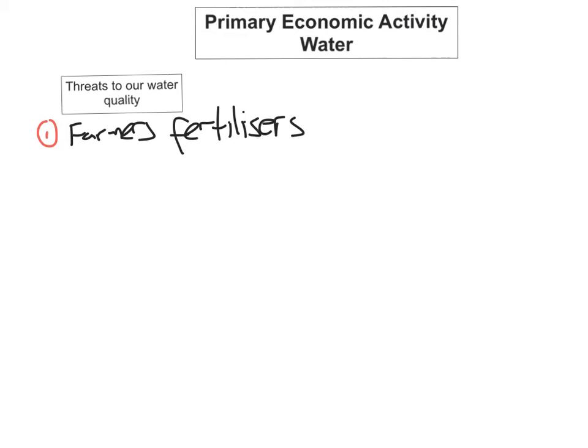However, some of these fertilizers now are starting to enter our lakes and rivers because of the surface runoff, or because maybe they spray fertilizer on their crops and then there's a heavy rain, especially in Ireland we get a lot of rain, and then this washes it into the lakes and rivers.